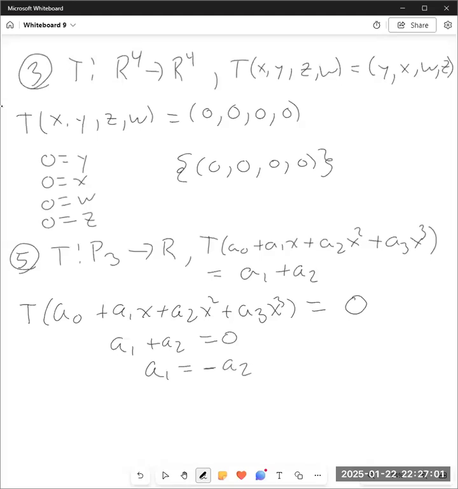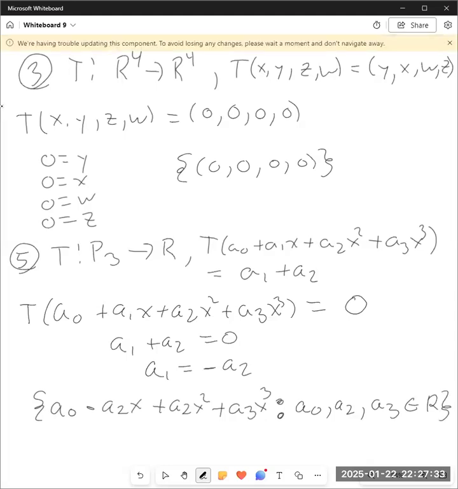So our kernel is going to be A0 minus A2x plus A2x squared plus A3x cubed, where, and this colon means such that, A0, A2, and A3 are all elements of the real numbers.